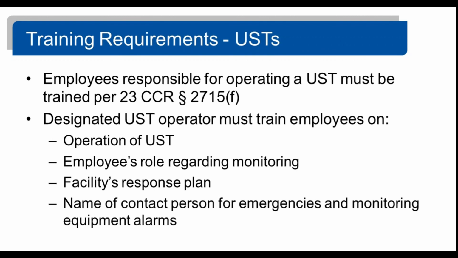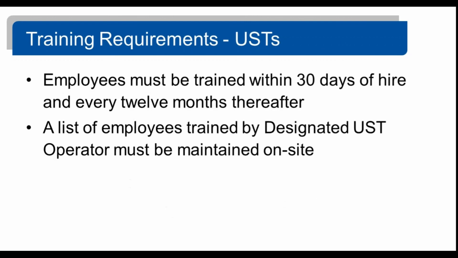So employees that operate a UST system must be trained on these elements: operation, their role, response plan specific to facility operations, name of a contact person for emergencies, and monitoring equipment alarms. And training must specifically be provided by a designated UST operator.